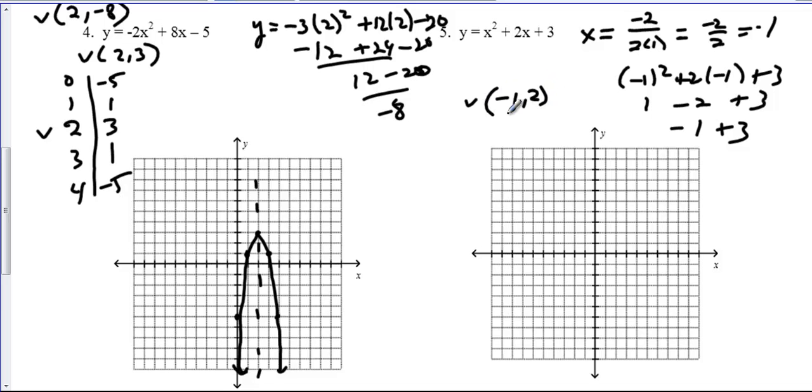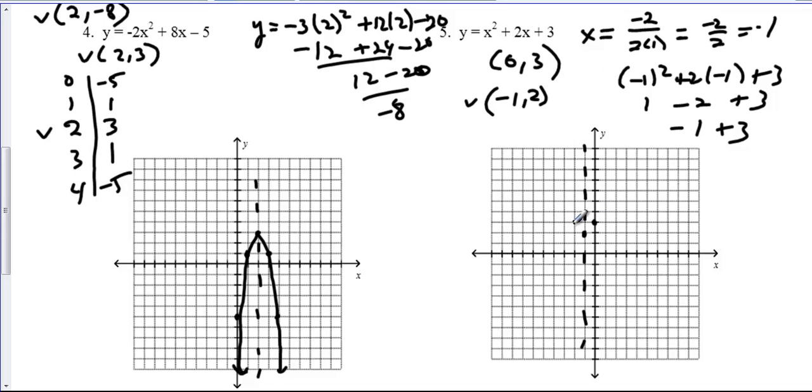And then instead of creating a table, the other thing we said is we could use the intercept. So in this case, the y-intercept is 0, 3, because that's the c value. So I would do my vertex first, -1, 2. I would plot my axis of symmetry in there. Then I would graph my y-intercept, 0, 3.